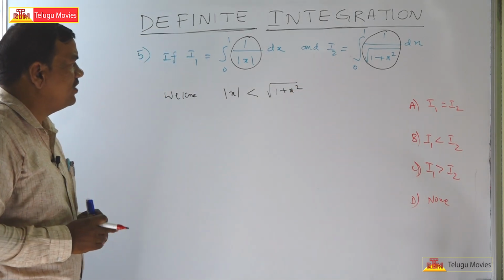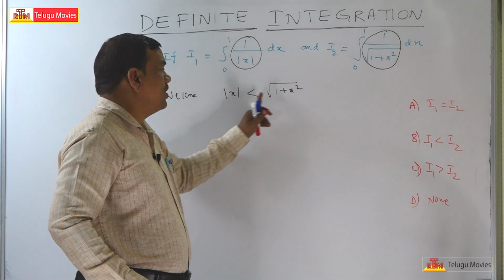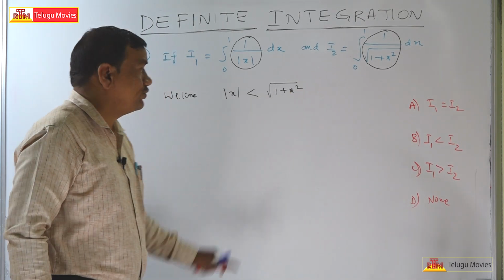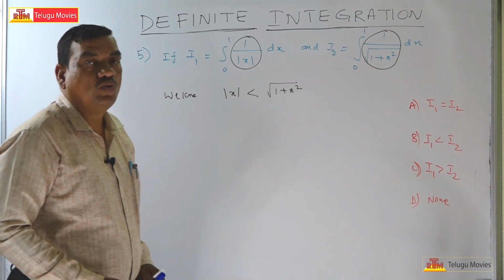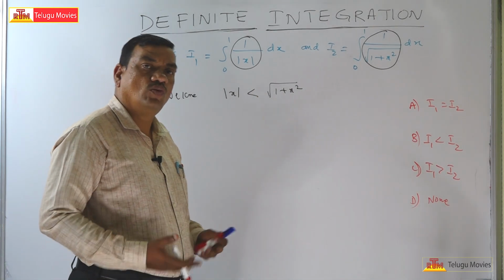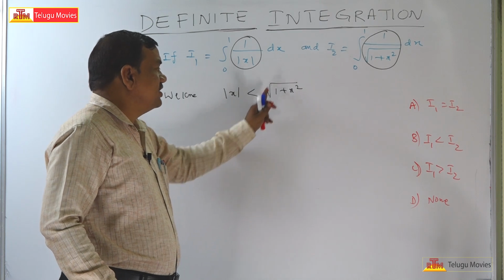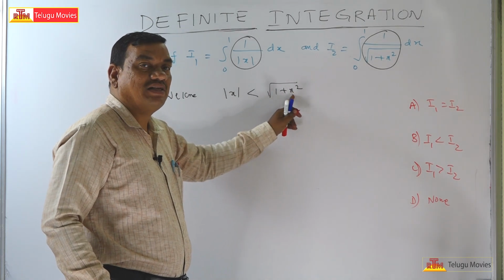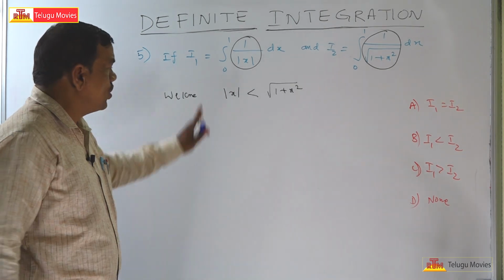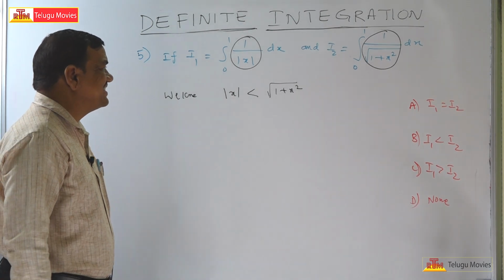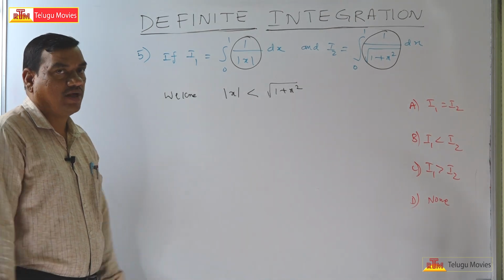If you substitute 0, 0 is less than root 1. If you substitute 1, 1 is less than root 2. Substitute 3, 1 plus 3 square is 9, 1 plus 9, root 10, which is 3 point something. So we know this result, modulus of x is less than root of 1 plus x square.